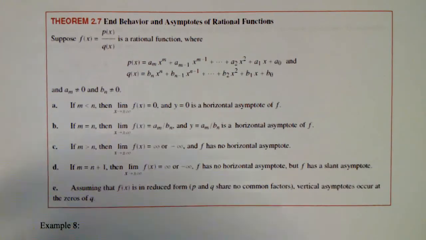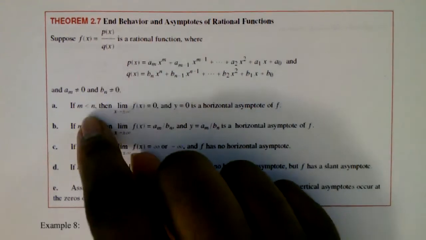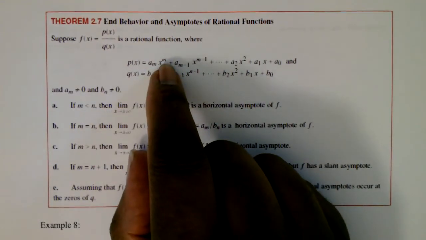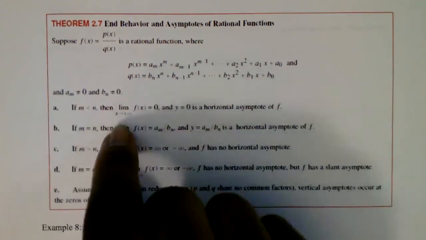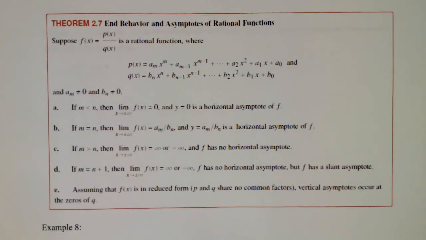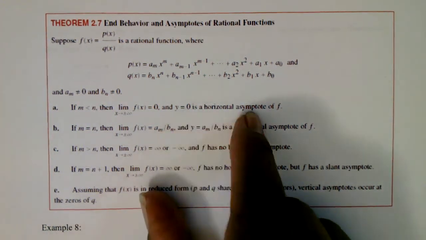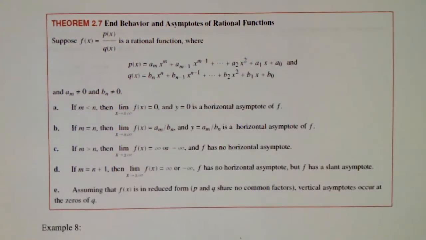If m is less than n, the highest exponent in the numerator is less than the highest exponent in the denominator, then the limit as x approaches plus or minus infinity of the function f of x will equal 0, and the equation y equals 0 is the horizontal asymptote of the function f of x.